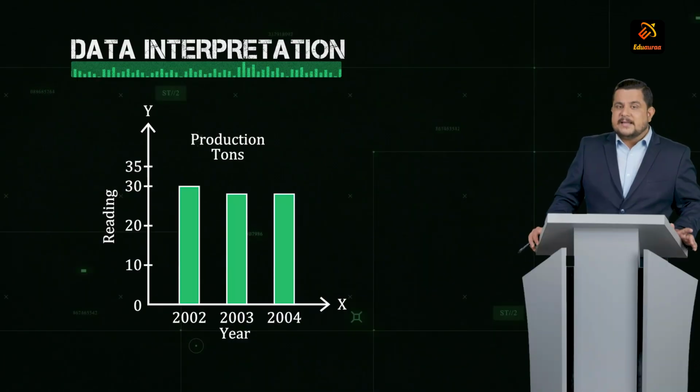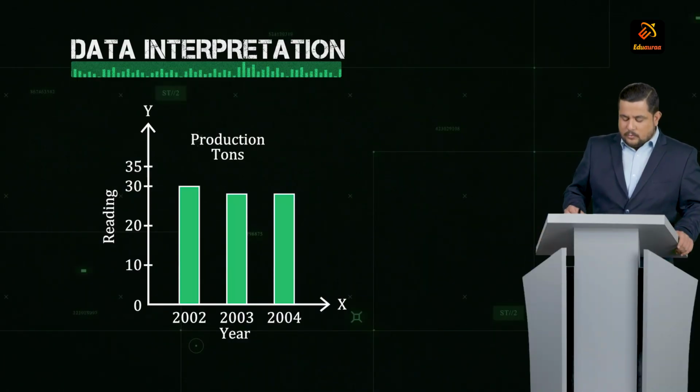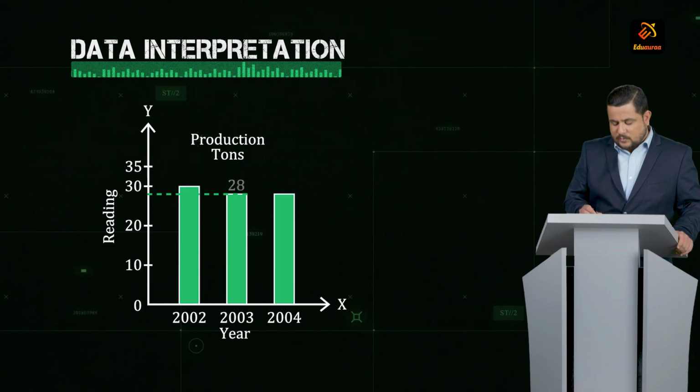So now, with the help of these bars, we can easily analyze what the production was in 2002. It was around 30 tons. In 2003, we can say the production was 28 tons. In 2004, again similar, 28 tons.